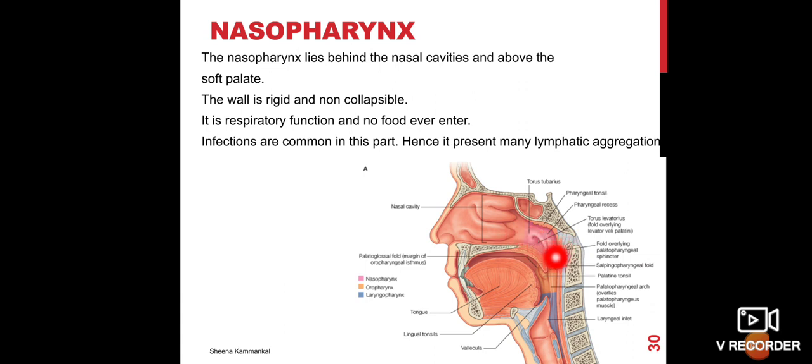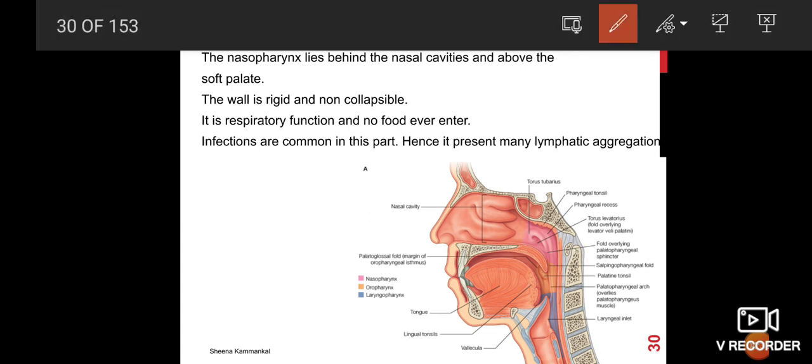Now it is limited below by the soft palate. This is the soft palate which forms the lower border of the nasopharynx. Then you can see the mouth, this is the oral cavity, this is the oropharynx. This is the larynx, this is the laryngopharynx.